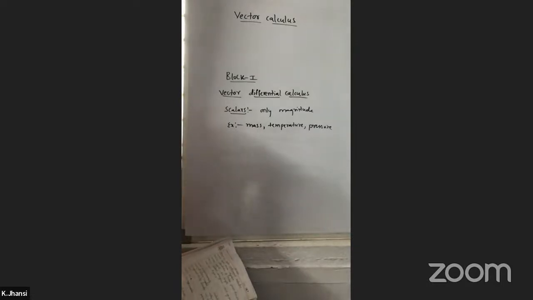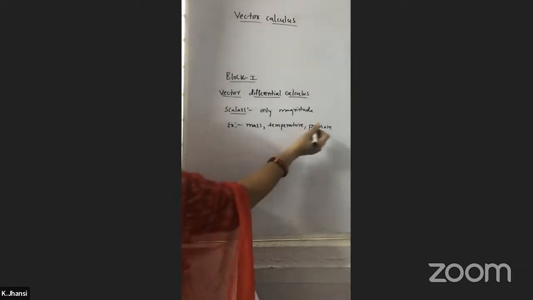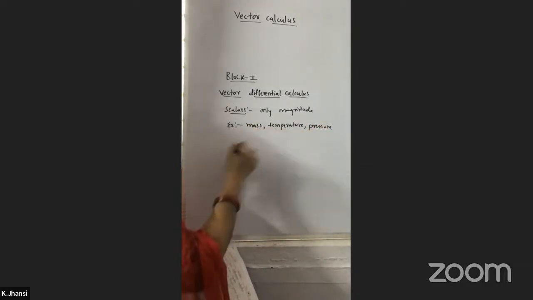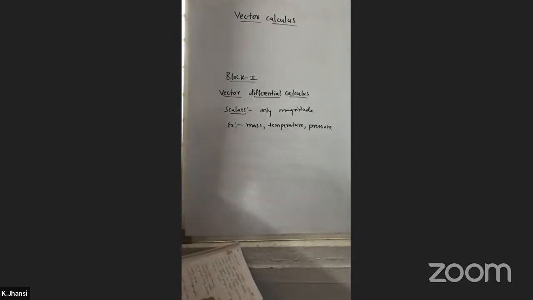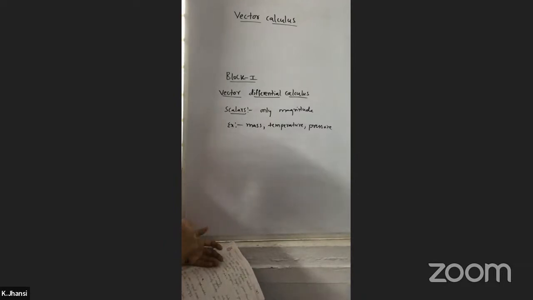Mass is in kgs. Pressure, we put pressure on anything, but it does not have direction. So these three are quantities with only magnitude but no direction. In objective type questions, they will ask for examples of vectors and scalars.